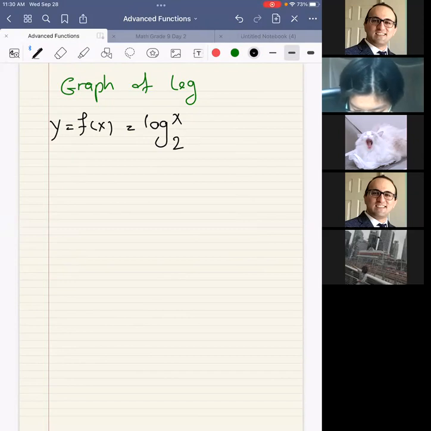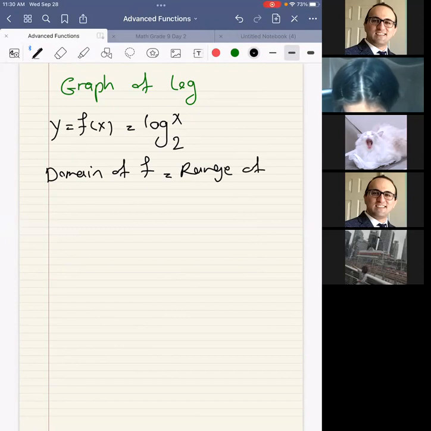And the range of the logarithm would be the domain of the exponential. So domain of f is equal to range of y equal to 2 to the power x.